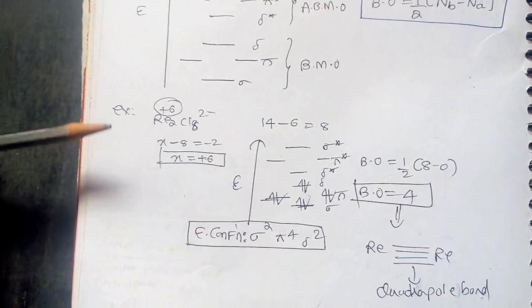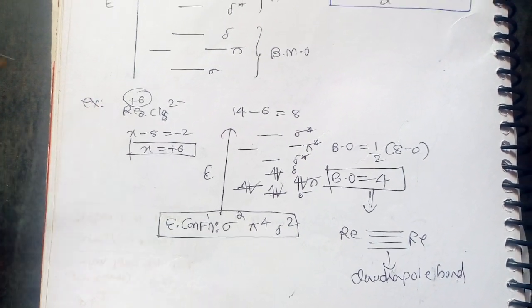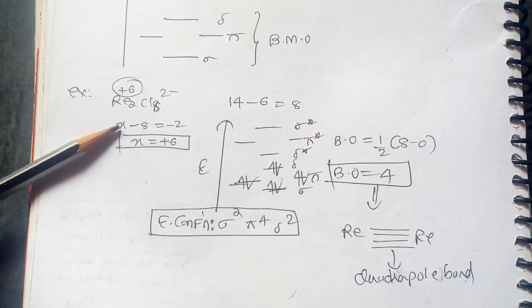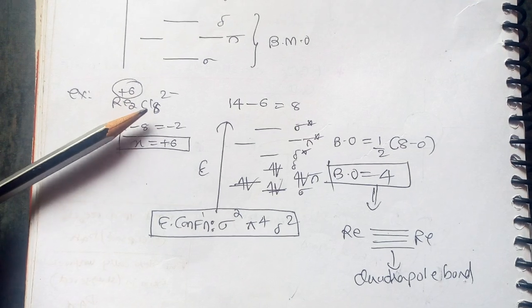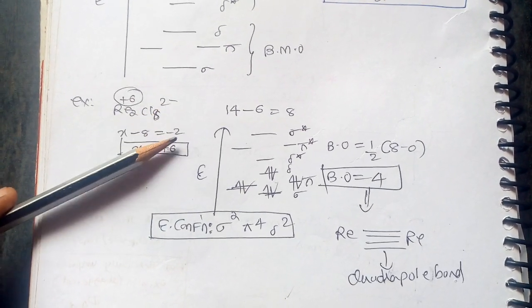First, we'll see the bond order for Re2Cl8 2 minus. Here you have to consider both Re atoms as 2x, and Cl8 means Cl is minus 1 into 8, which is minus 8, and the total charge is minus 2.